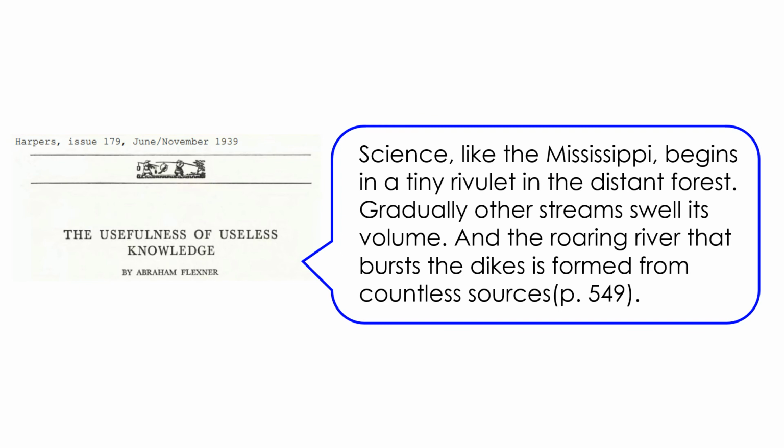Science, like the Mississippi, begins in a tiny rivulet in the distant forest. Gradually, other streams swell its volume, and the roaring river that bursts the dikes is formed from countless sources. You cannot say that you make your decisions based on scientific evidence when you consider only one-sided evidence.